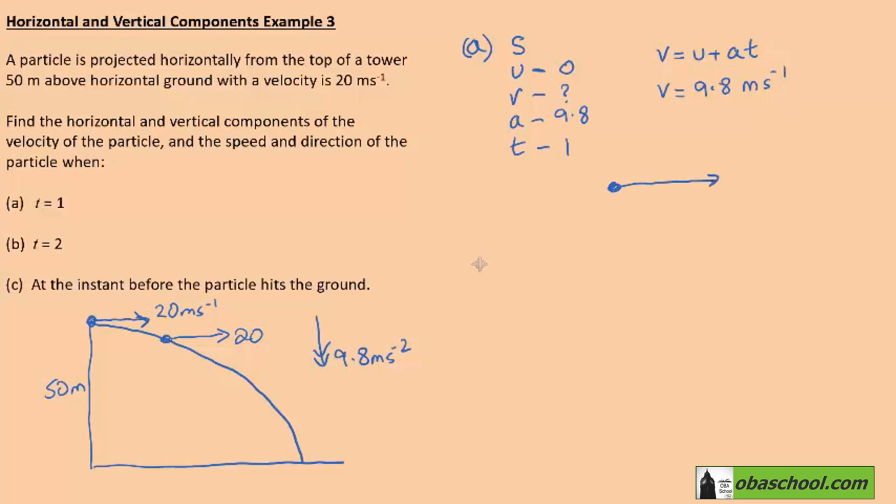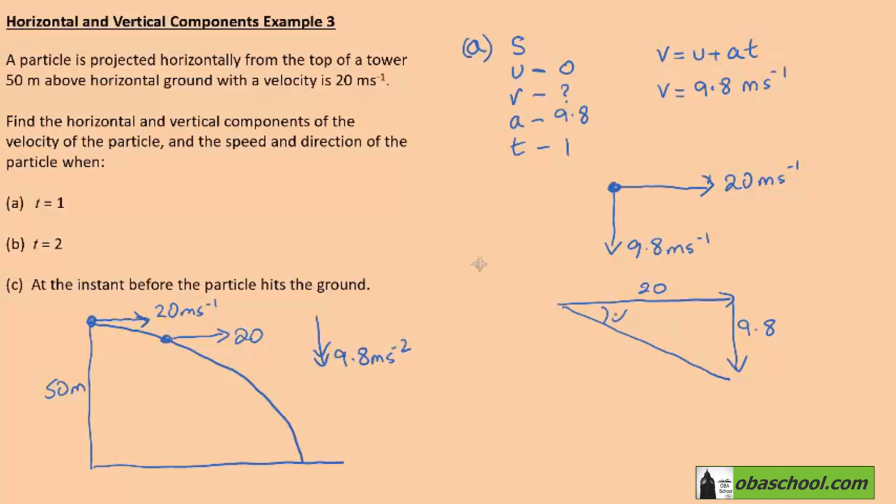So we have this one, the horizontal, which we know is not going to change. So that's going to be 20 meters per second, and then we've got 9.8 meters per second. If we do that as a vector triangle, like so, and we call this angle alpha, then we'll get the speed just from Pythagoras because this is right angled.